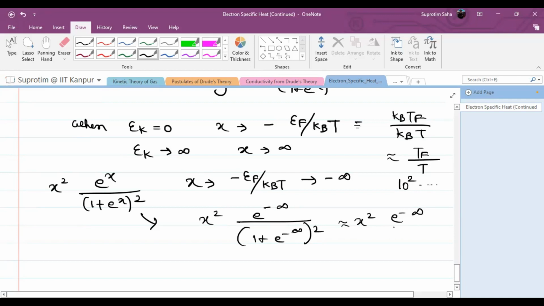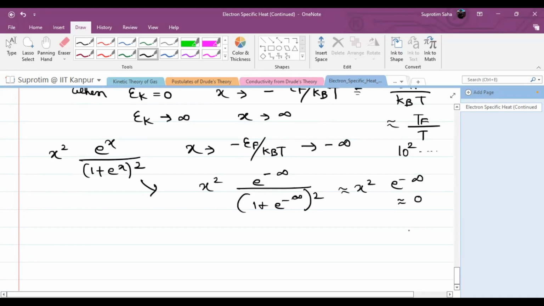Even if you put minus E_F by k_B T, it will be very, very large in the negative direction, so there's no harm in taking the limit to be minus infinity.